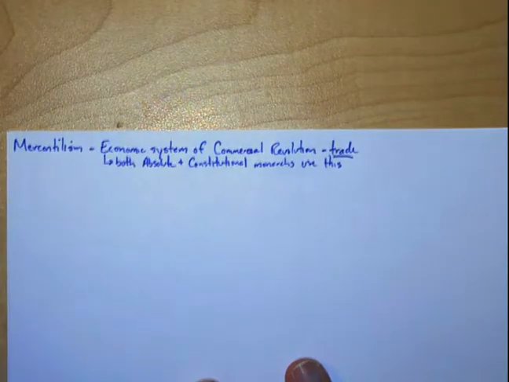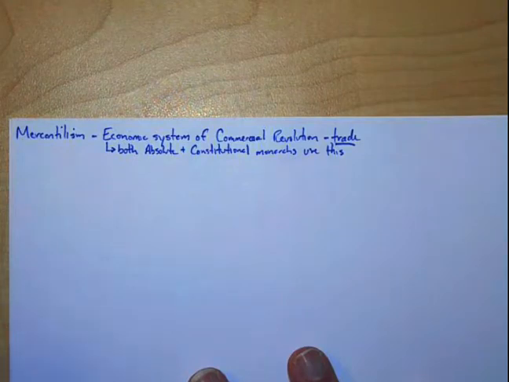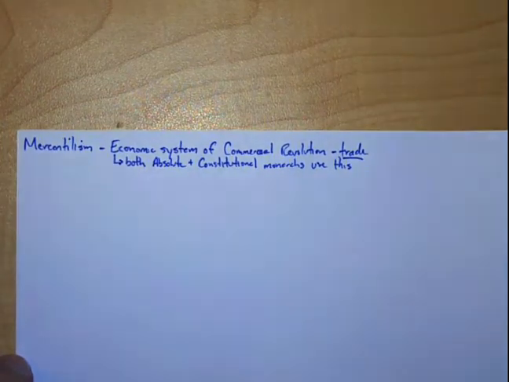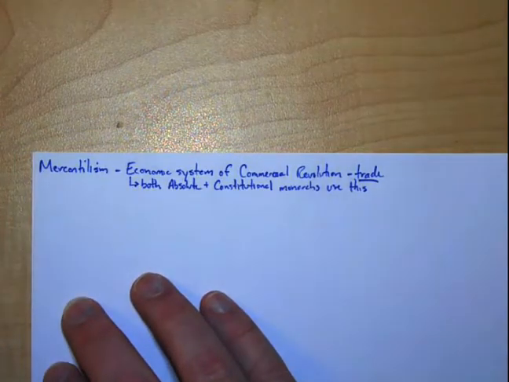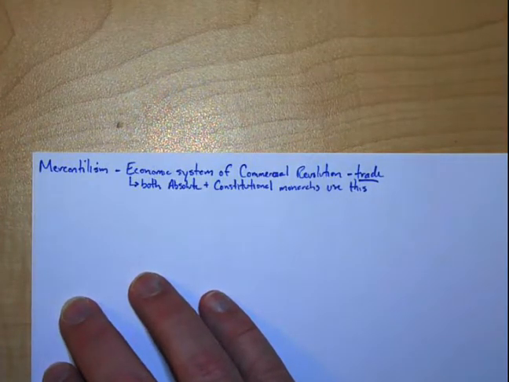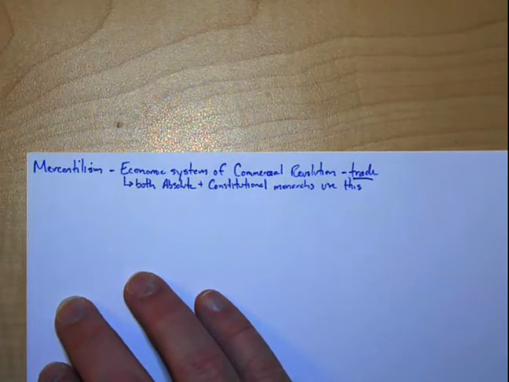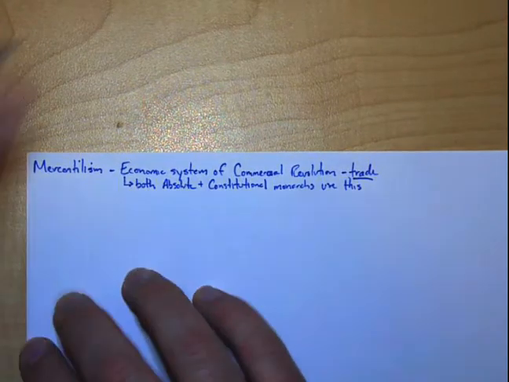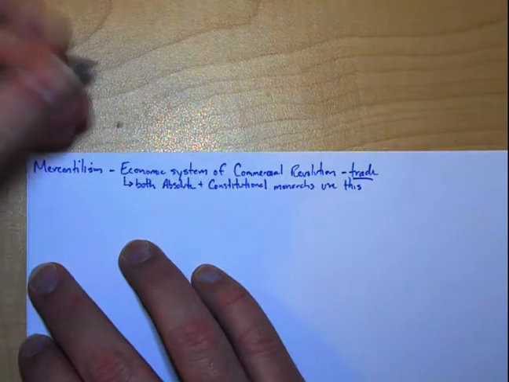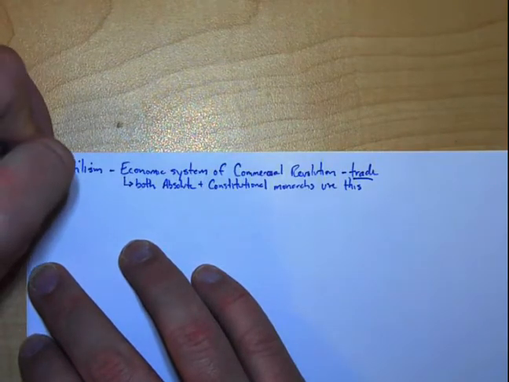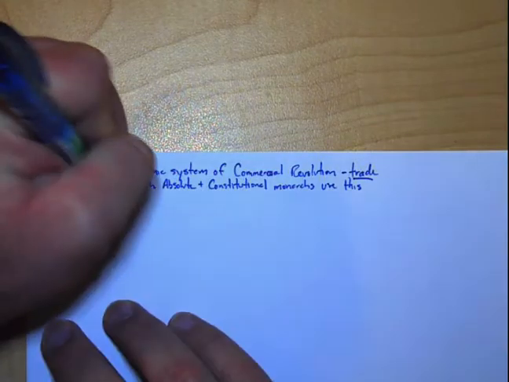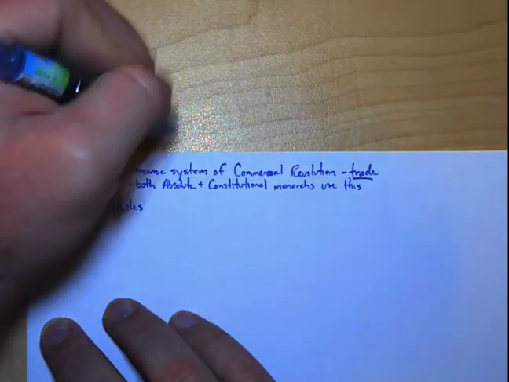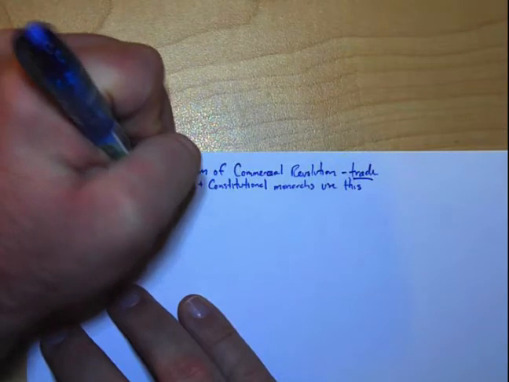So, to start, let's break down some of the rules of mercantilism. This is highlighted in a document. The best summary of this economic system, I think, is written in a document called the Nine Principal Rules of National Economy.